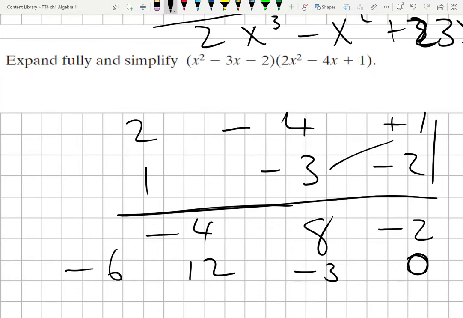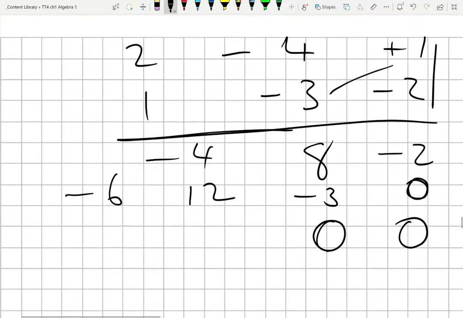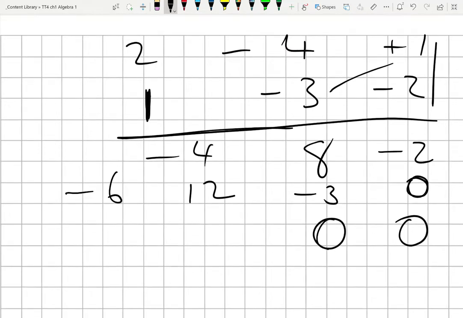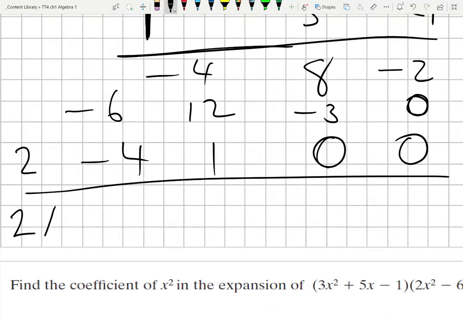This time we put down 2 zeros because we're going straight into an x cubed, because this is x squared, straight into an x squared. And now we've gone all the way up to power 4s, power 3s. Notice for the power 2s you have to add 3 numbers. 13 take 4.